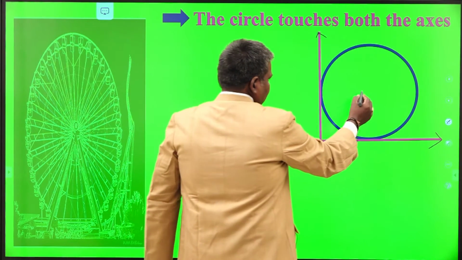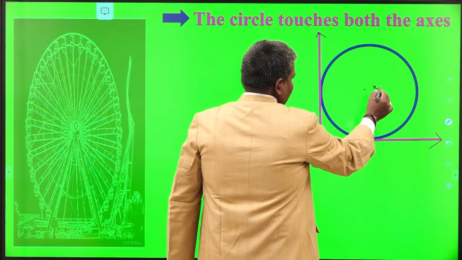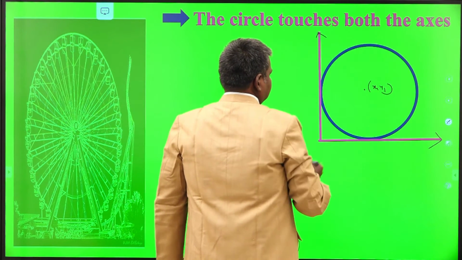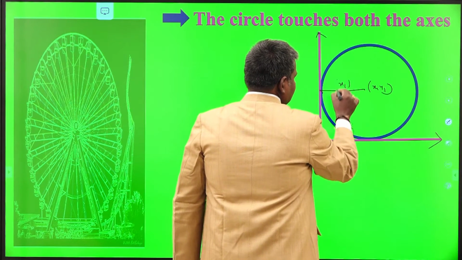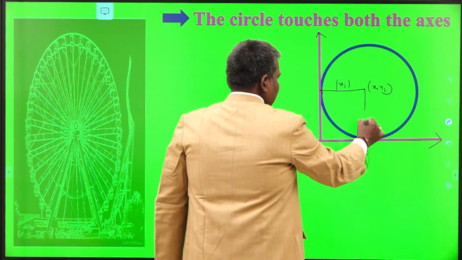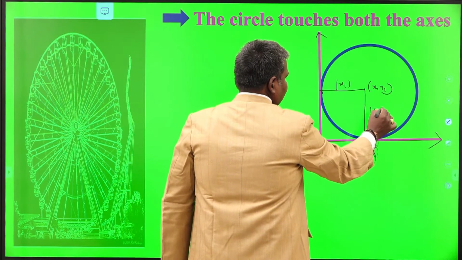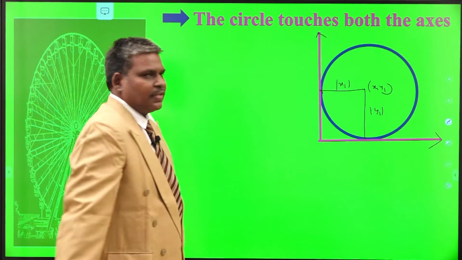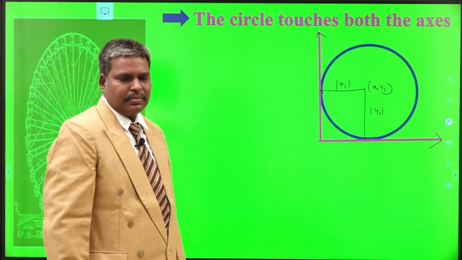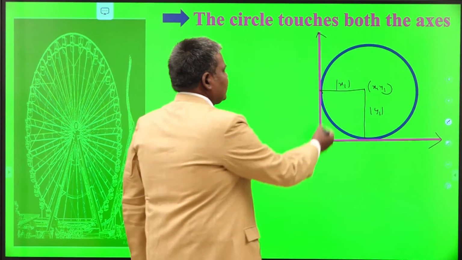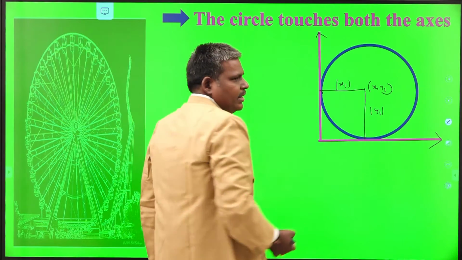Suppose your center is at x1 comma y1. I am asking one question to you. This is what previously I discussed. This is mod x1. This is what modulus of y1. Can you guess what is the relation between mod x1 and mod y1? Immediately you say that both are same because both are radii.